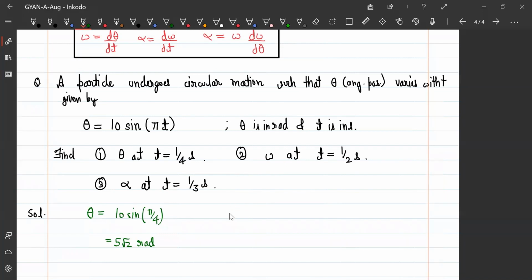And how can I write omega as a function of time t? That is 10 pi. Sine का differentiation is cos pi t.